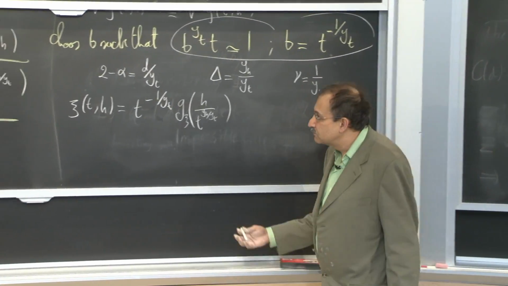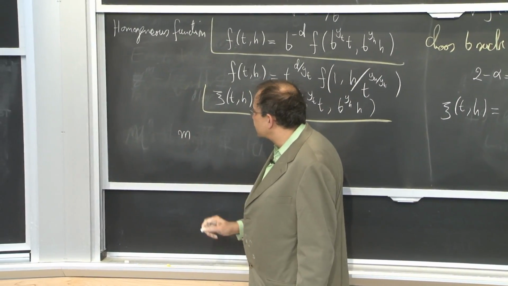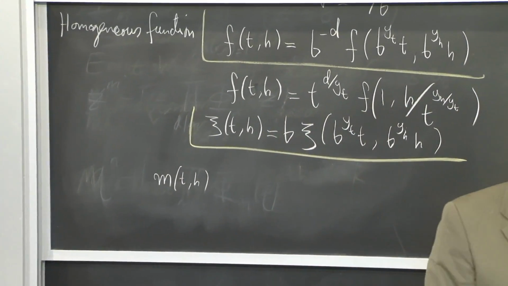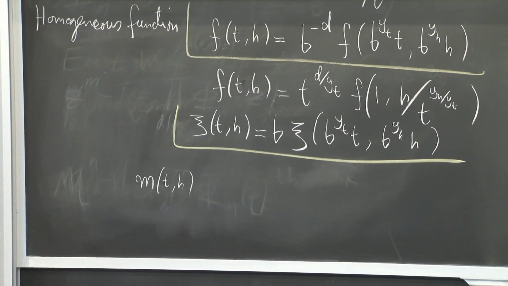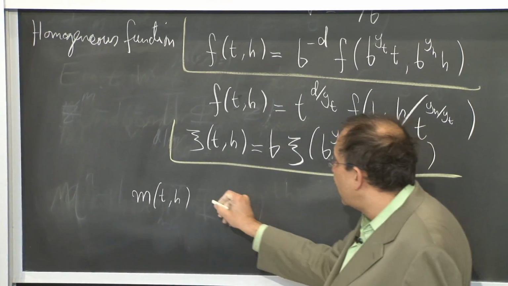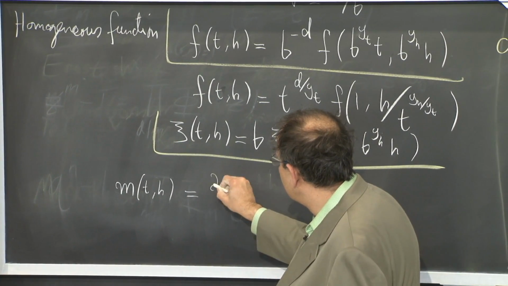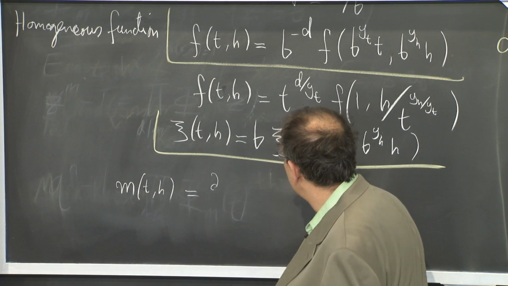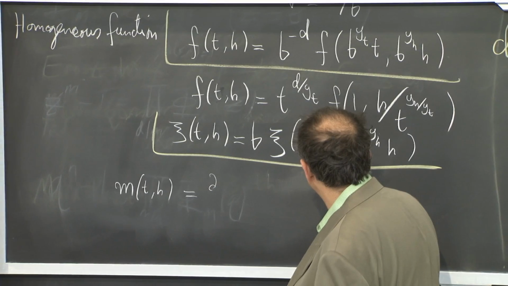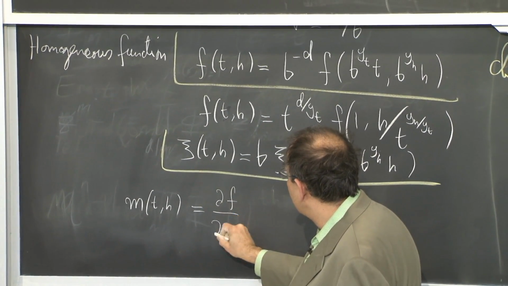I can go further if I want. I can calculate magnetization as a function of T and H, which would correspond to the behaviors that we identified with exponents beta or delta, as d, let's say, f by dh.